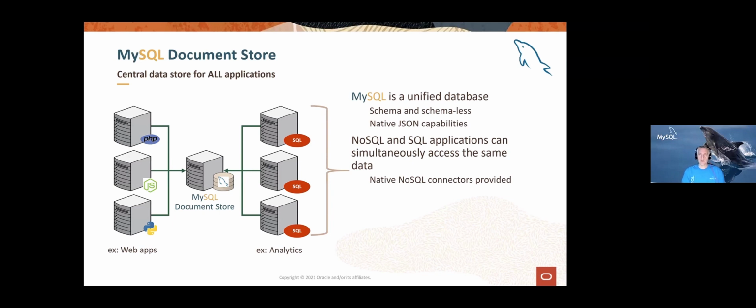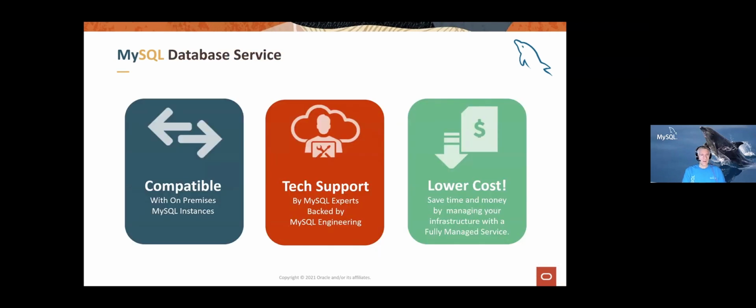And somebody that wants to make use of this technique would have to come to the Oracle Cloud and migrate to the Oracle Cloud. So I mentioned that it's the same. The MySQL database service is MySQL 8, and what that means is that if you download the MySQL Community Edition, which is the open source one, or if you download the Enterprise Edition for your on-premise deployments, then the MySQL database service is the same thing.